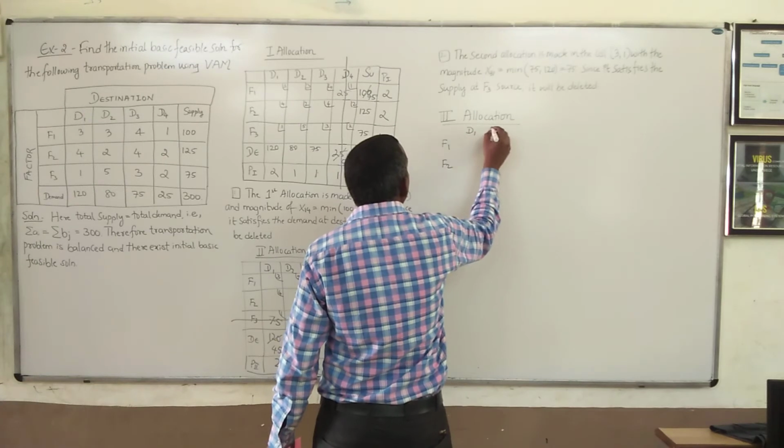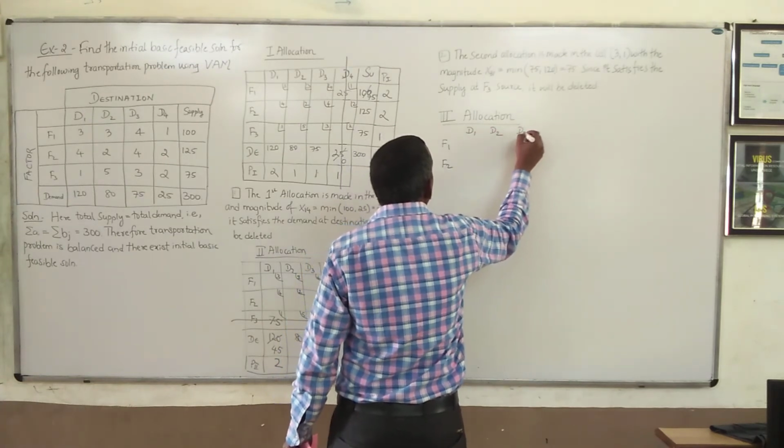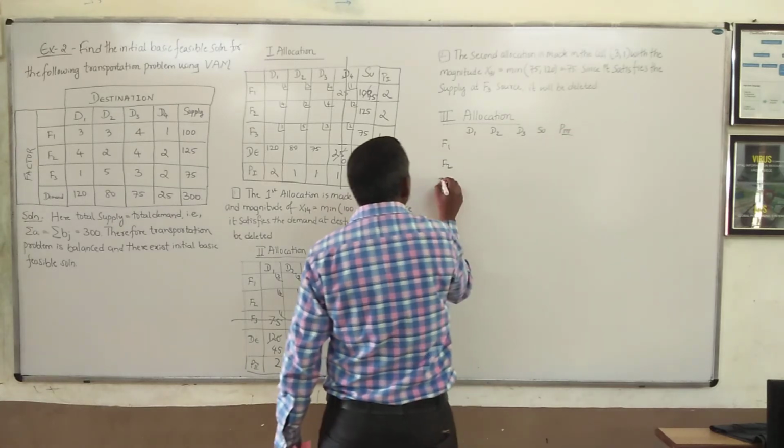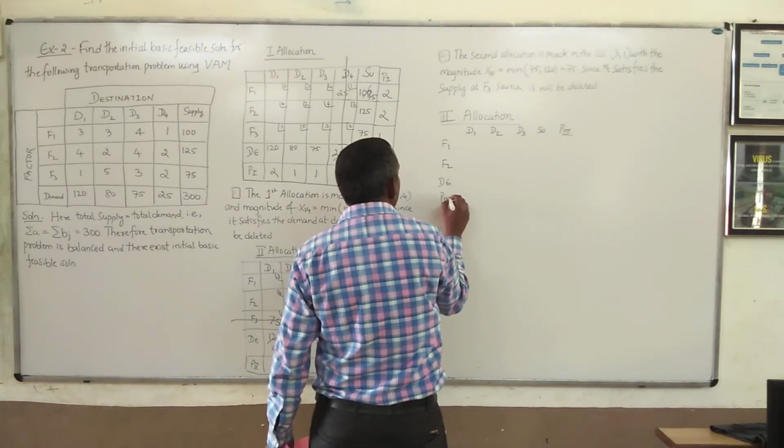Here D1, D2, D3, supply and P3. Here it is demand and P3.